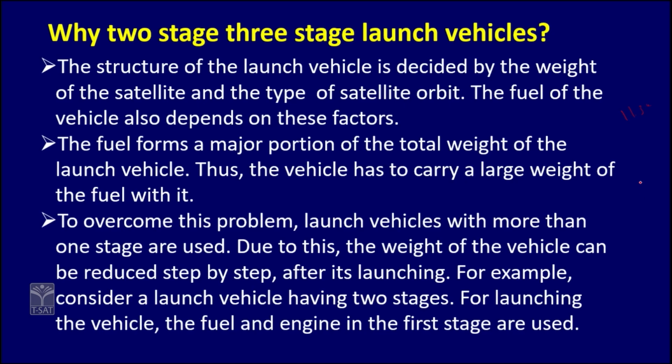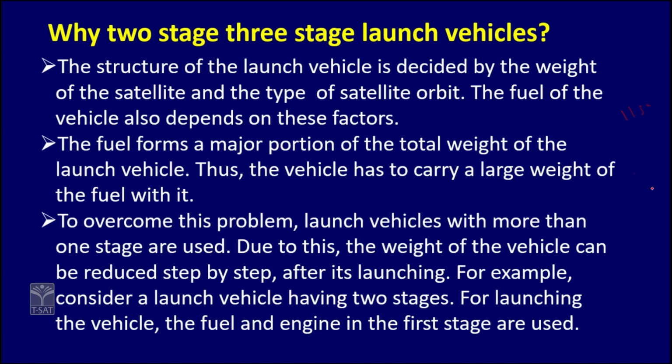But what we are talking about is 7.8 kilometers per second. So this is the highest that we could reach with our existing launch vehicles, and it is very difficult to reach more. That's the reason we are using multi-stage launch vehicles.